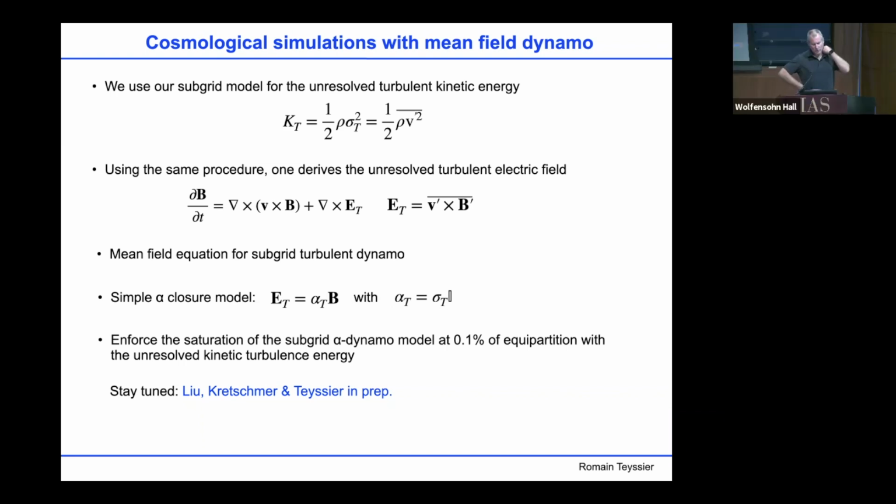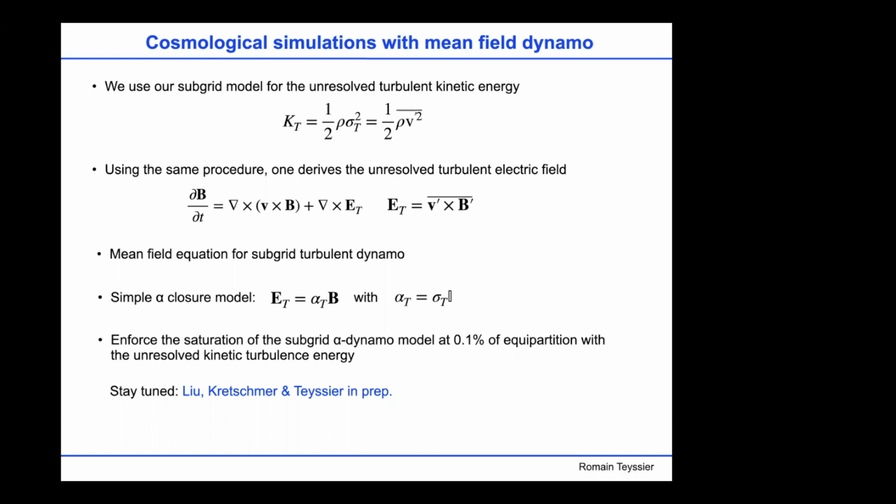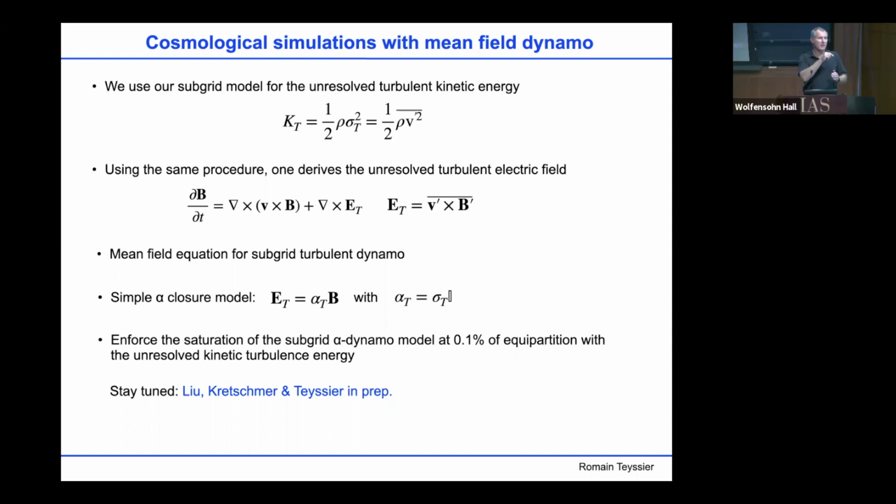Yeah, so you mentioned the quenching of alpha T. The way we approached this problem was to really have a simple model where once we reach 0.1% of the partition, we set alpha to 0. And so we indeed have an alpha T formula, which is, when the magnetic energy is very, very weak, basically sigma T. And then we have a mathematical form that transitions from sigma T's asymptotic value to 0.